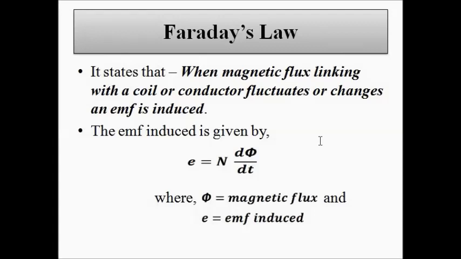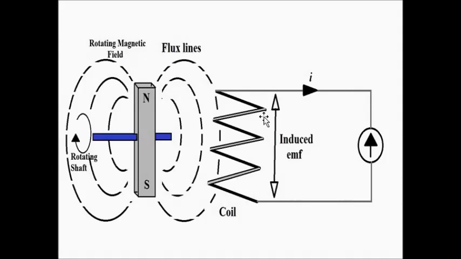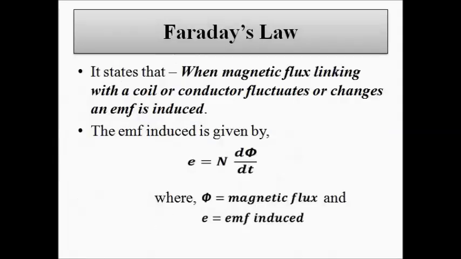when the magnetic flux, that is a conductor which is placed in a magnetic field, let's say we have a coil, this coil is placed in the magnetic field produced by this magnet.